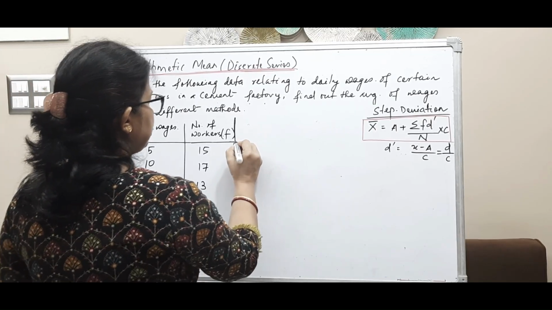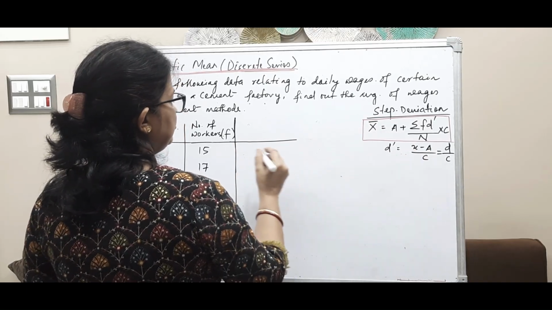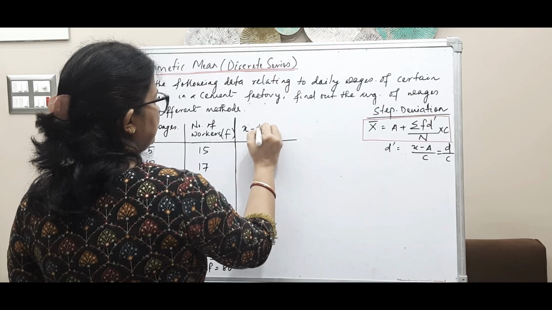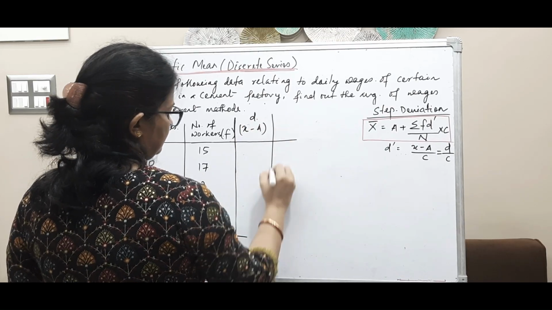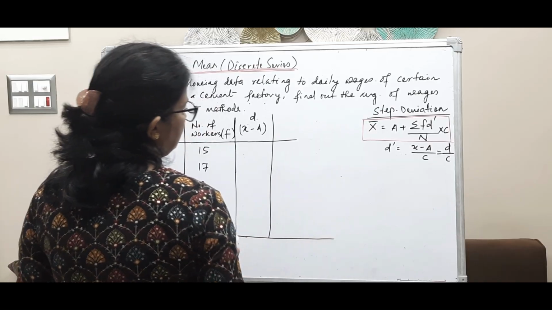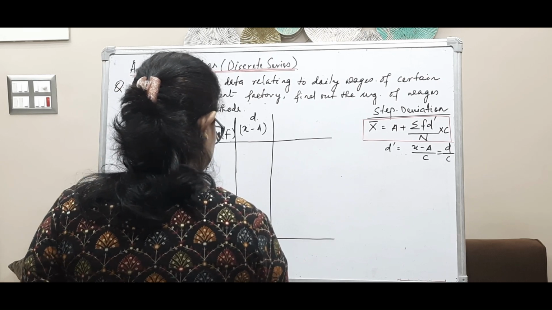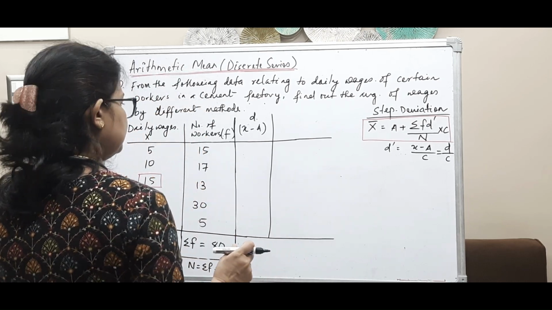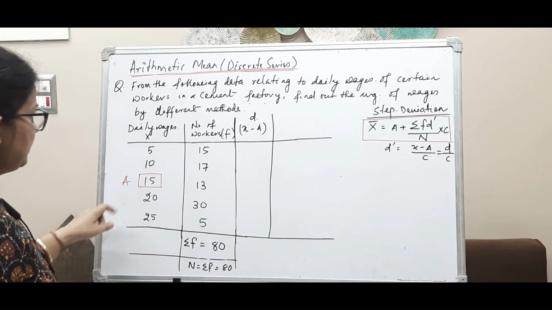To calculate x bar, first we need to find d, that is x minus a. This is called d. We have assumed the mean as 15.